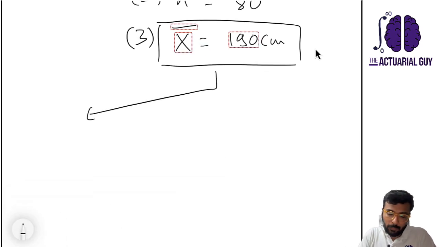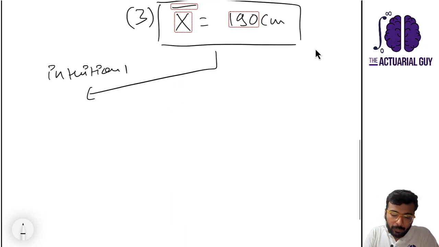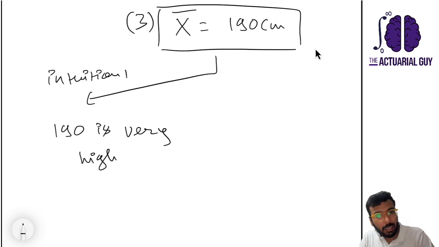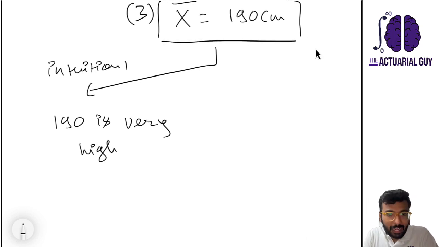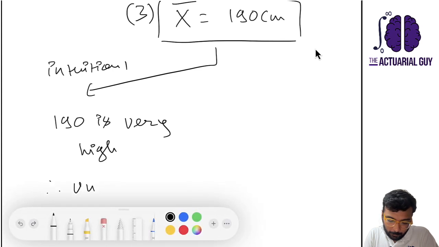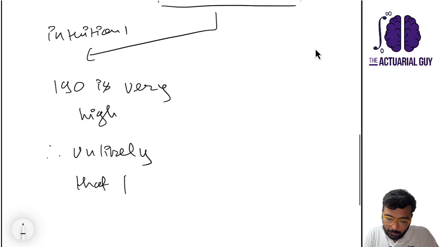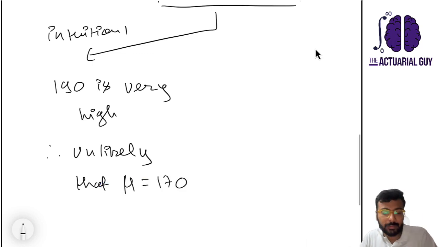So one set of argument, intuition 1, can be that 190 is very high, right? So it's unlikely that the average height of the entire school is equal to 170.